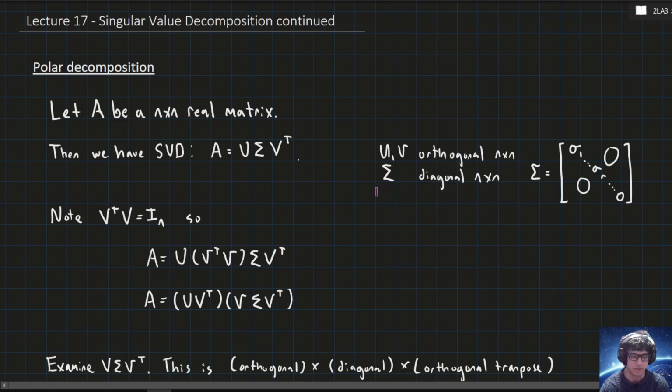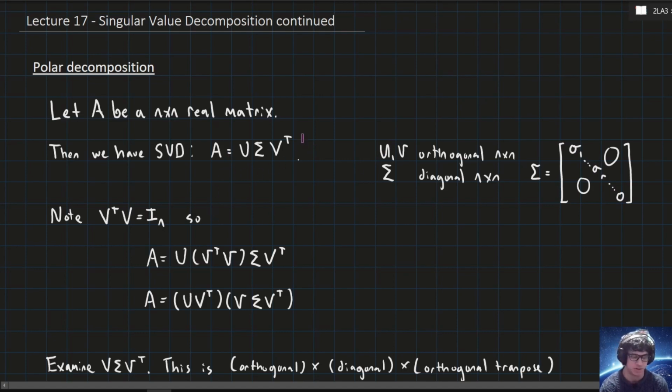And now the sigma will be a proper diagonal matrix, not just a fake diagonal matrix. It'll be a proper diagonal matrix because it will be square as well. So along the diagonal of sigma, we'll have the singular values up to sigma r, where r is the rank of A.